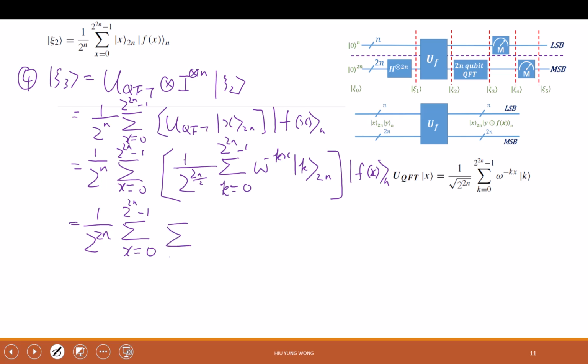I take out this summation k equals 0 to 2 to the power 2n minus 1, and then omega negative kx, and then k, 2n, and then f of x, n. It's just long, but it's not difficult to understand if you go through step by step, right? So now I have a lot of superposition.